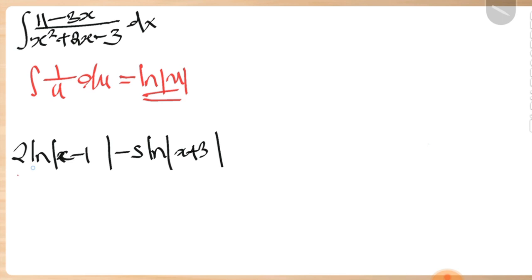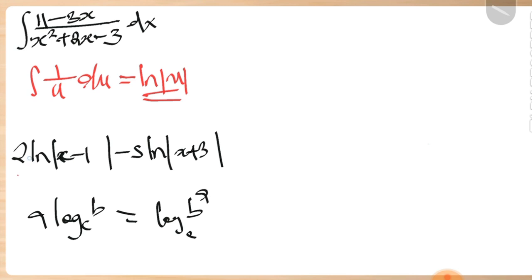From basic knowledge of logarithms, you know that if you have a times the logarithm of b base c, it is the same as the logarithm base c of b to the power of a. So your 2 here is your a, and the base here is e, Euler's number. This value x minus 1 is the b.